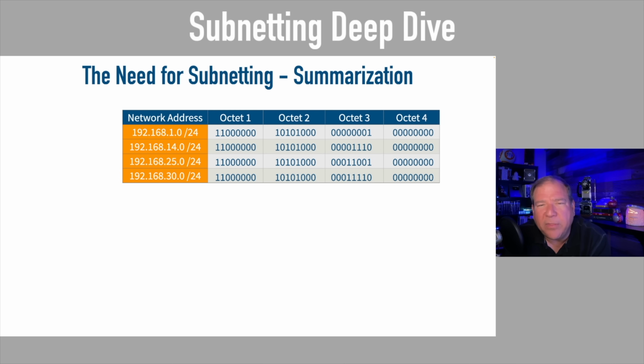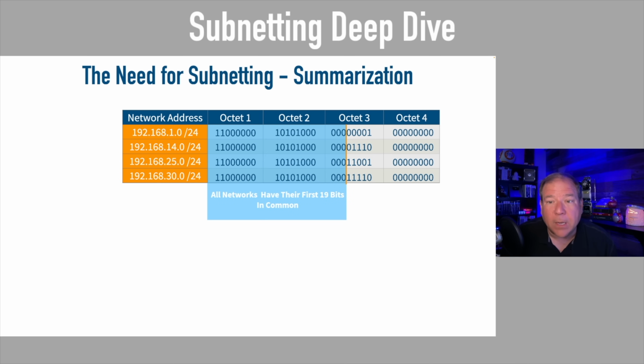But once I break that down into binary, you look at octet 3, can you see that within octet 3, each of these 4 networks still have the first 3 bits in common? So grand total, 8 plus 8 plus 3. We got 19 bits in common among these 4 different subnets.